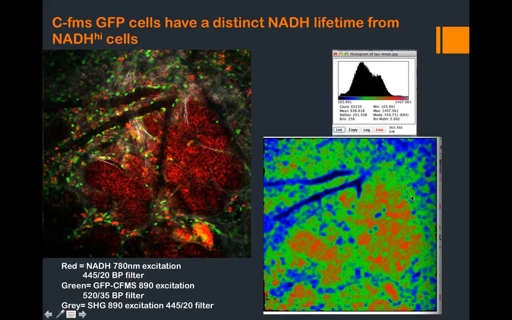So we wanted to ask the question if this is correlative to our macrophage question. And so we crossed our tumor model with an animal model that has GFP expressed in monocytes. So this would include macrophages and neutrophils. And we did the same gating that we did before, where we looked at, like a cookie cutter, just the lifetime information of the bright GFP cells and compared that to the tumor itself.